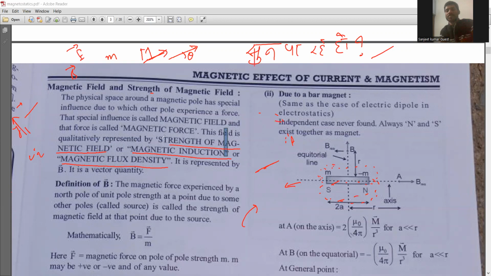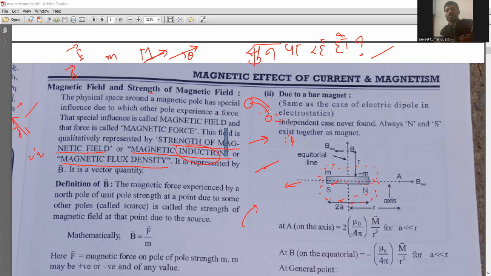Either you are talking about the strength of the magnetic field, that means how strong the magnetic field is, kitna mazboot hai magnetic field, right? Magnetic induction means something like I'm teaching you, and you are taking coaching anywhere. The teacher teaches a student, that means induction of knowledge.